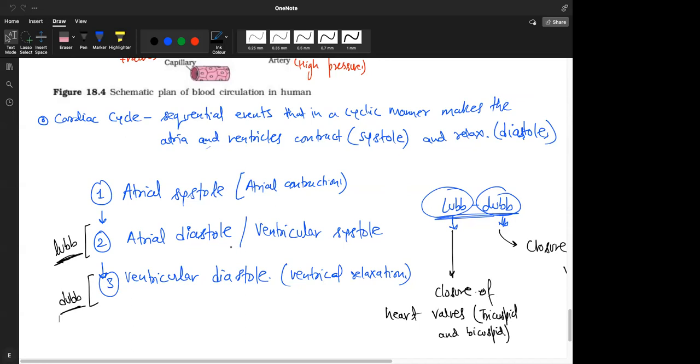So see, cardiac output is the total blood that is pumped, so it's the same thing. I'll just give you one more example to make it clear. You will study in the excretory system that our kidneys filter 180 liters of filtrate in a day. 180 liters of filtrate. Do we have 180 liters of fluid in our body?